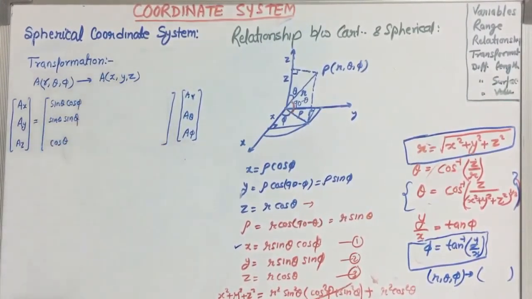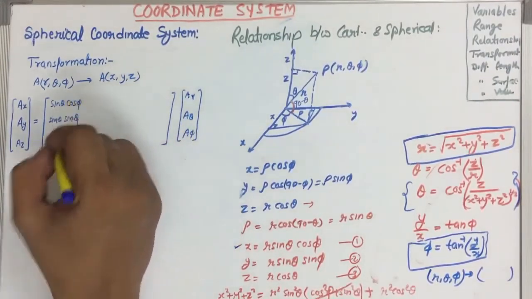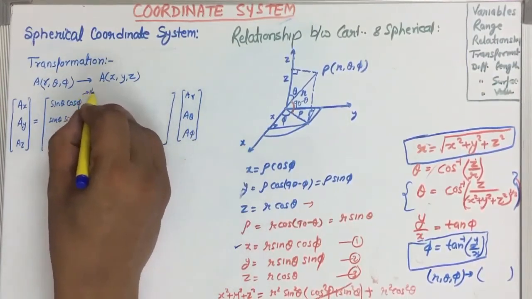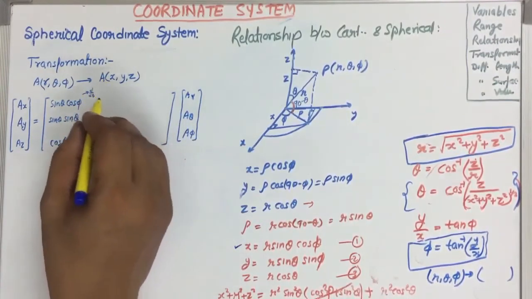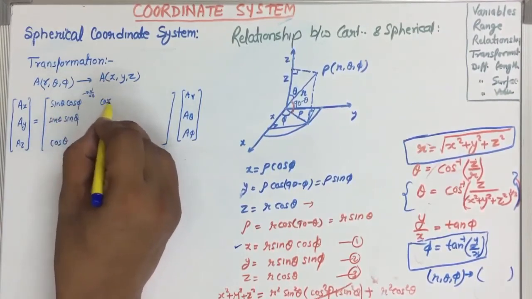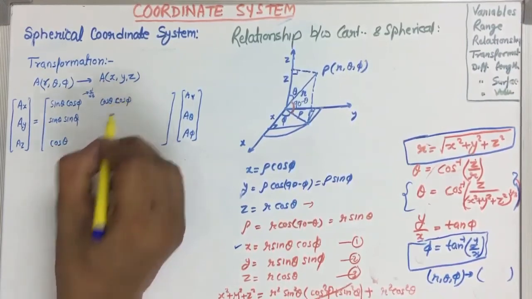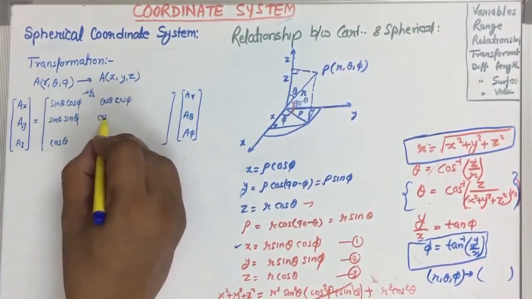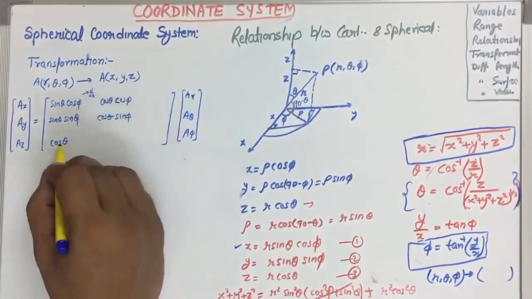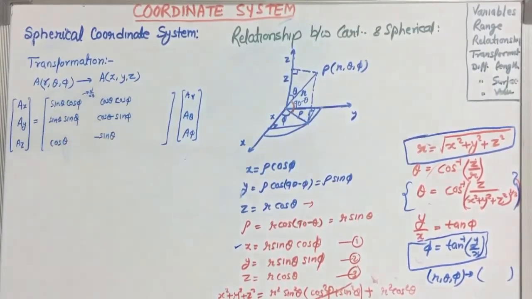Similarly, the second column can be written by simply differentiating the first column with respect to theta. Differentiate this with respect to theta. What you can get? Cos theta cos phi, cos theta sin phi, and the differentiation of cos theta will give you minus sin theta.